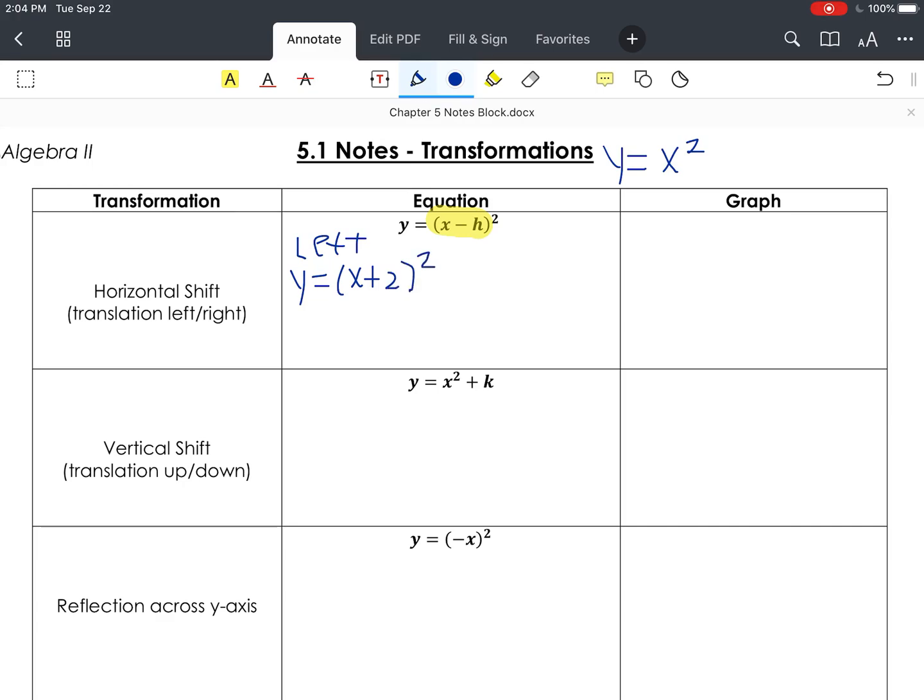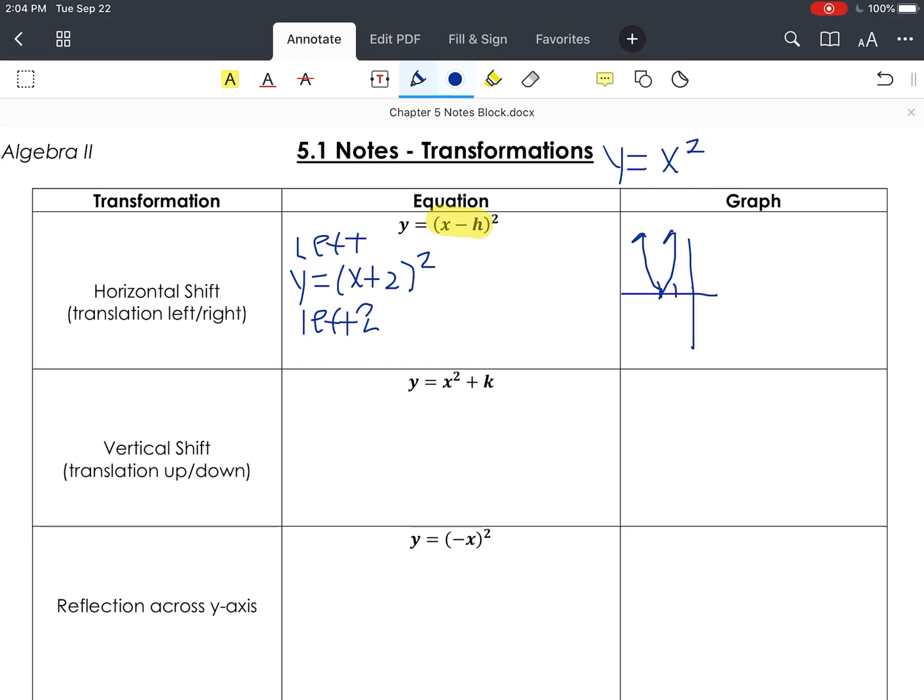So in this case, we'll do plus 2. So this would mean left 2. So then quite literally on your graph, instead of being in the normal spot, it would be 2 to the left.